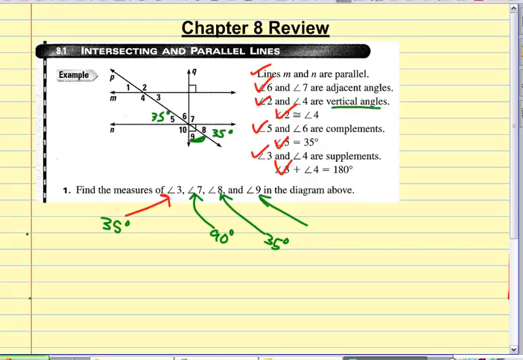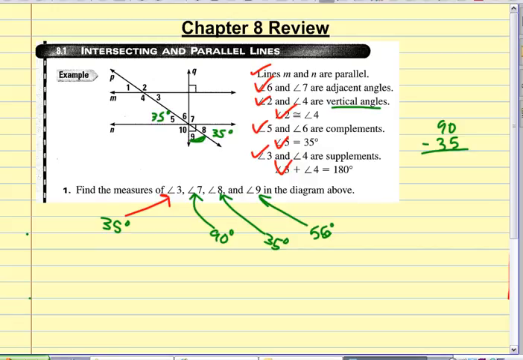If you minus 35 from 90, what do we get? 90 minus 35. That would be 55. 55 degrees. Beautiful. Great job, Claire. Nice job here, guys.